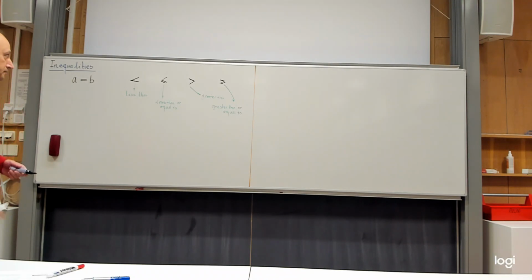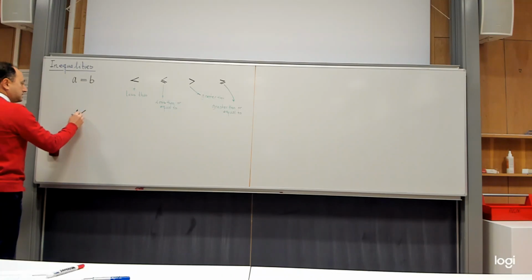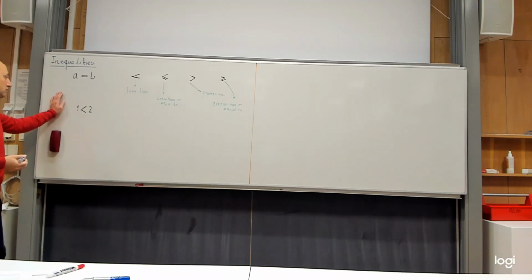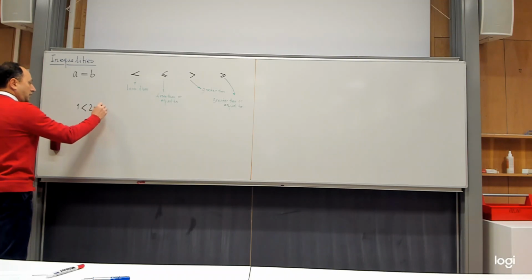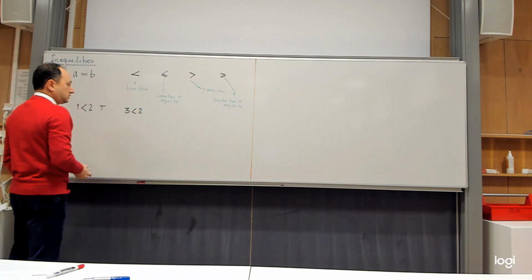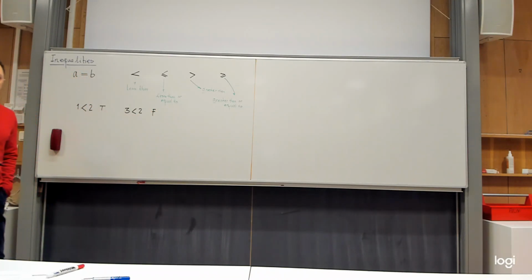For example, we can say 1 is less than 2. It's a true statement, yes? Of course, I can say that 3 is less than 2, and of course this would be a false statement. Yes?